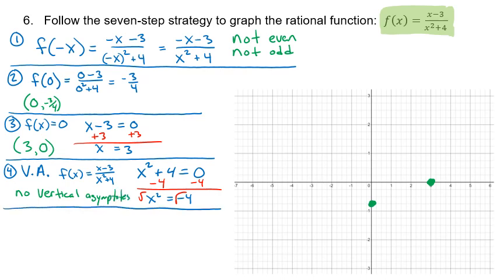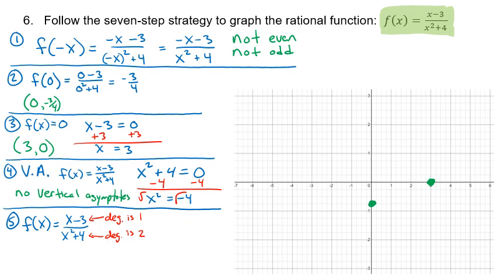So let's move on to horizontal asymptotes. We've got x minus 3 on top and x squared plus 4 on the bottom. The degree is 1 on the top. The degree on the bottom is 2.